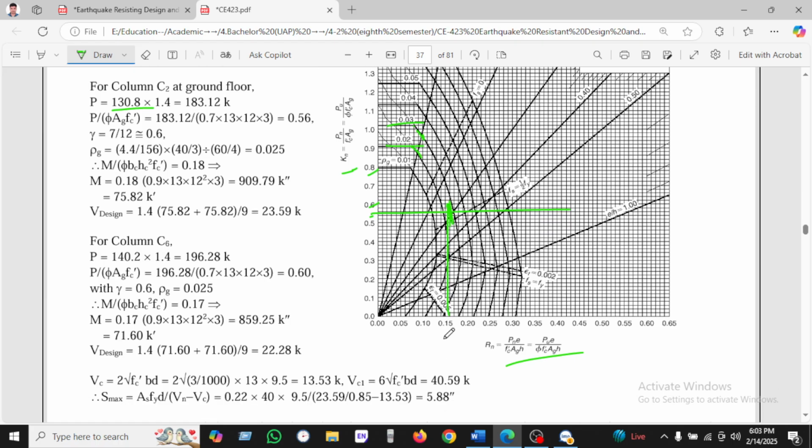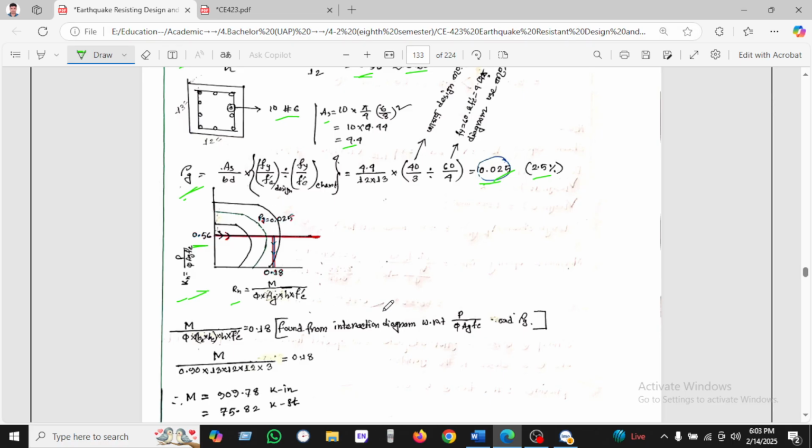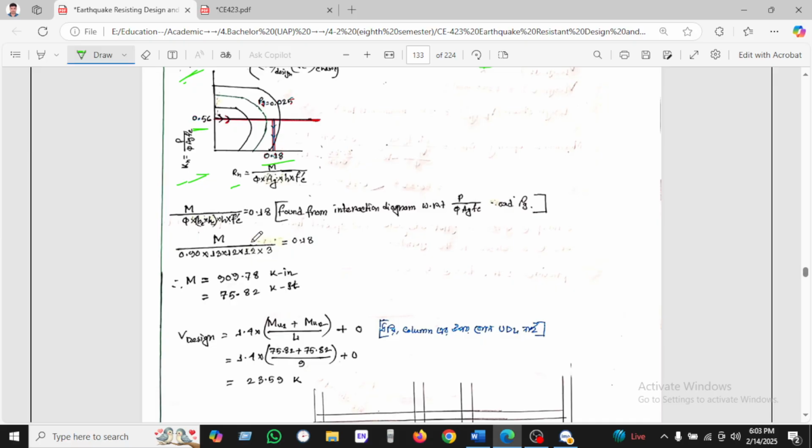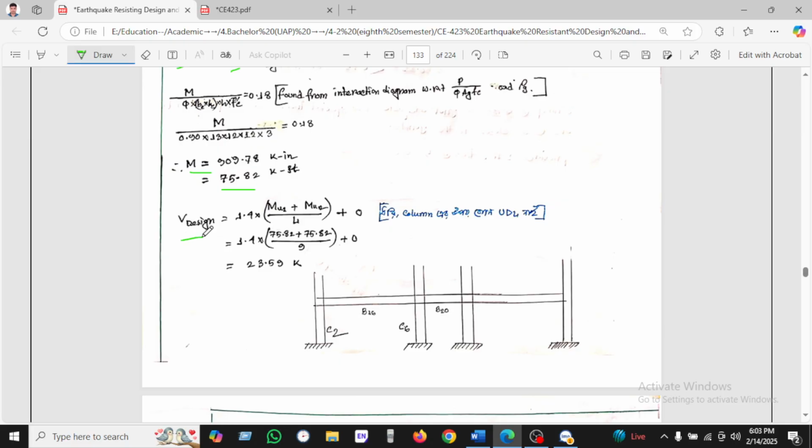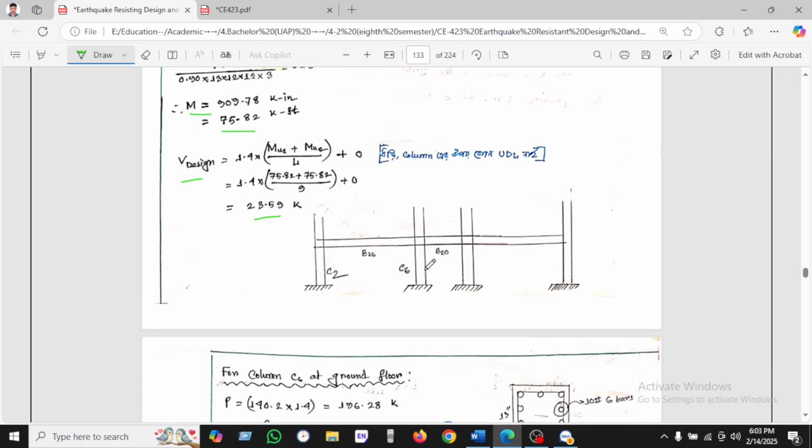So the value will be 0.15, almost 0.18. Okay, in this way we have been found there, and we are putting all values and found moment, which is 75.82, and B design we have been found 235 kip. Okay, and this is the column C2.